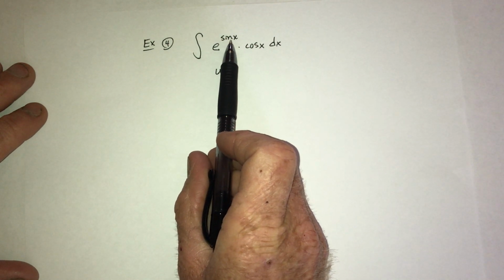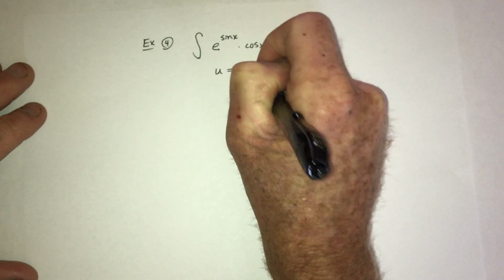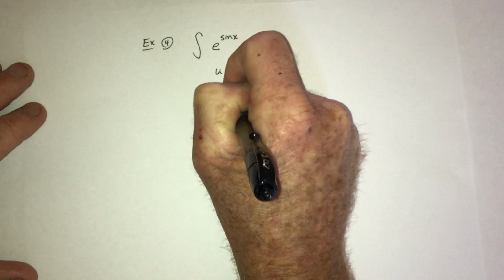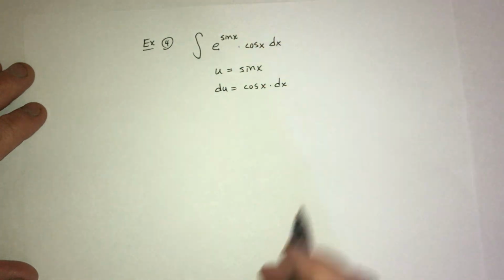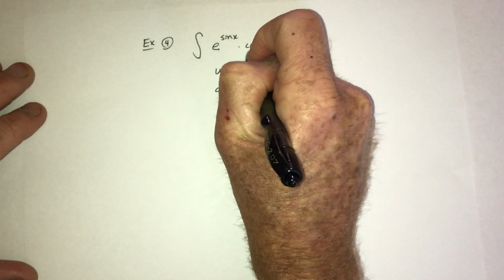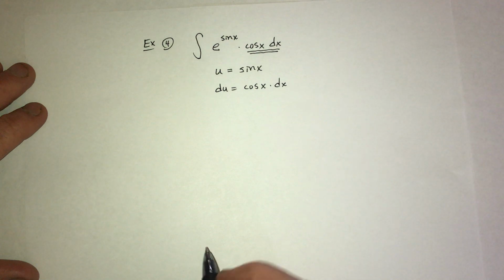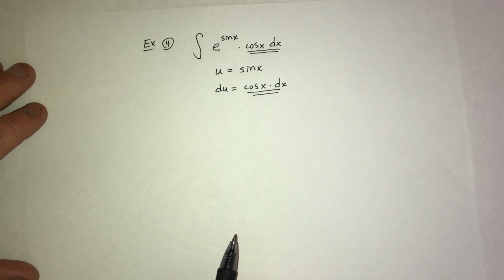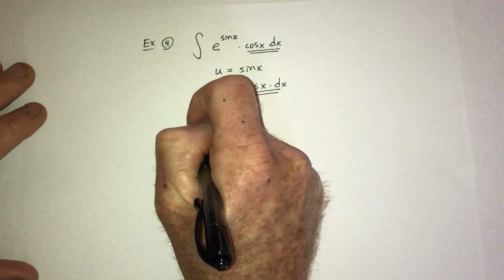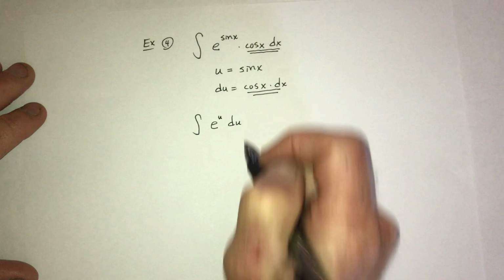So actually the inside part is sine of x. And then take the derivative of sine, which is cosine. And this one matches perfectly because this says you need to have cosine of x times dx, and this one has cosine of x times dx. So it becomes integral of e to the u du.